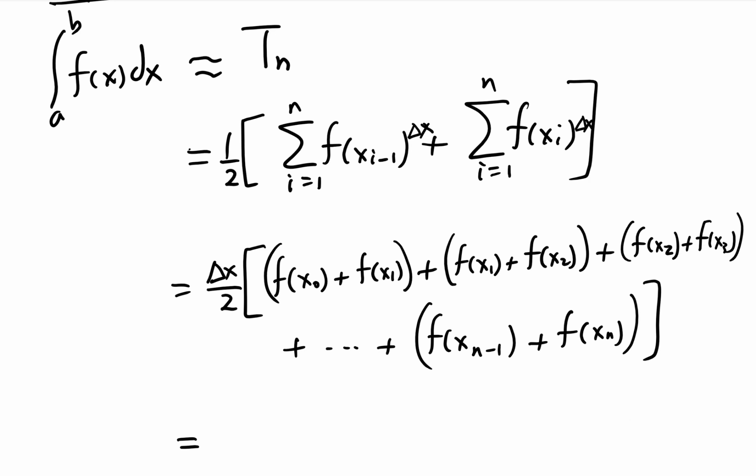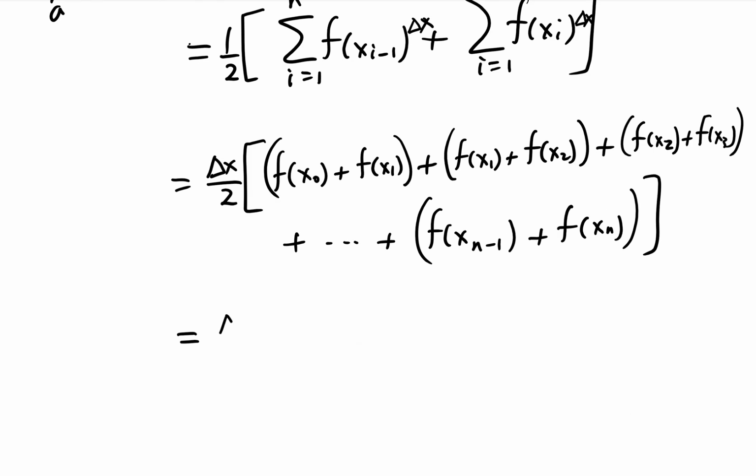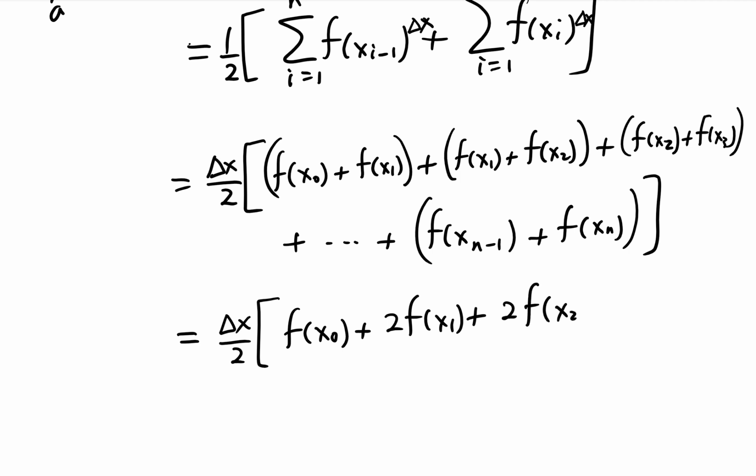And what we notice about this, there's only one f of x sub 0, but there are 2 copies of f of x sub 1, 2 of f of x sub 2, and this goes on until f of x sub n minus 1. There will also be 2 copies, and the last one just 1 copy.